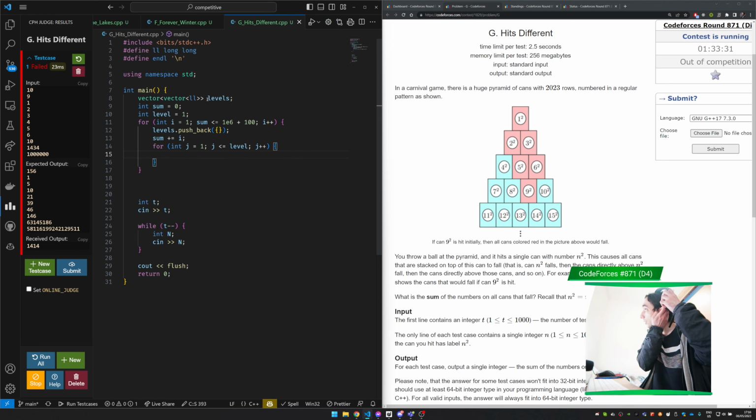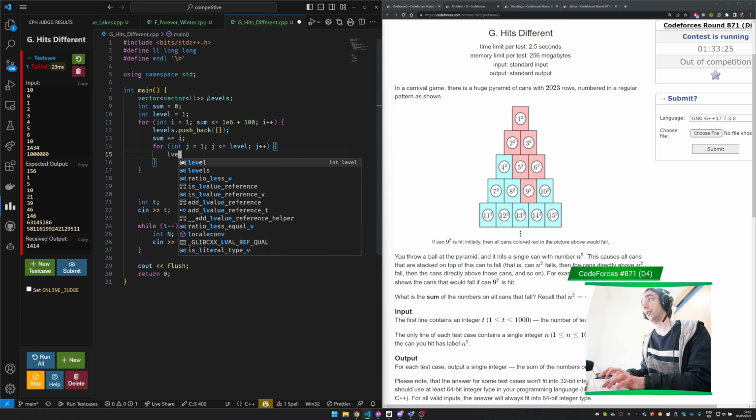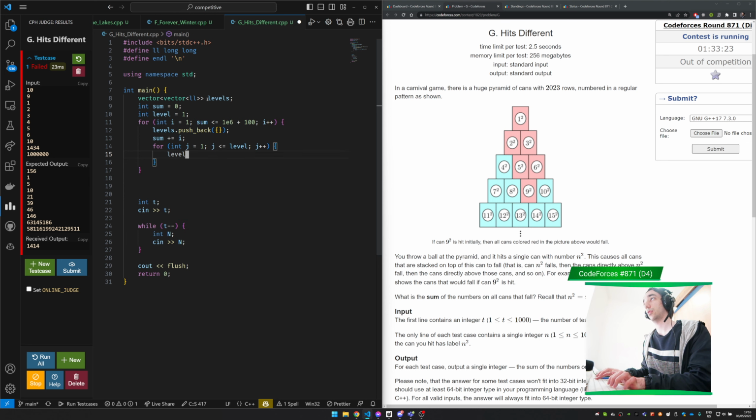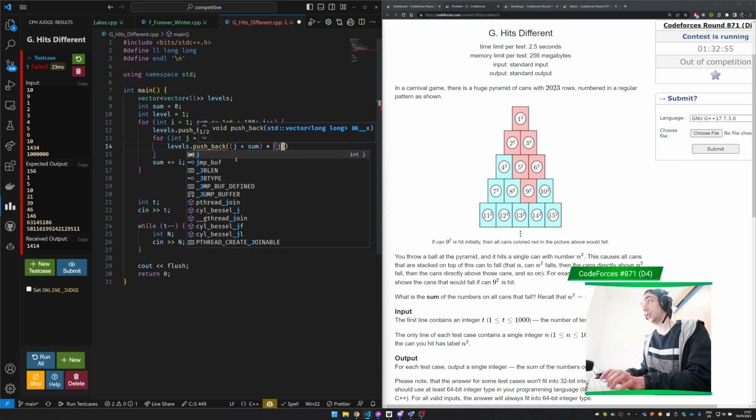Also, I need to offset this by levels dot push_back, j plus some offset, which is what now? Sum times j plus some.